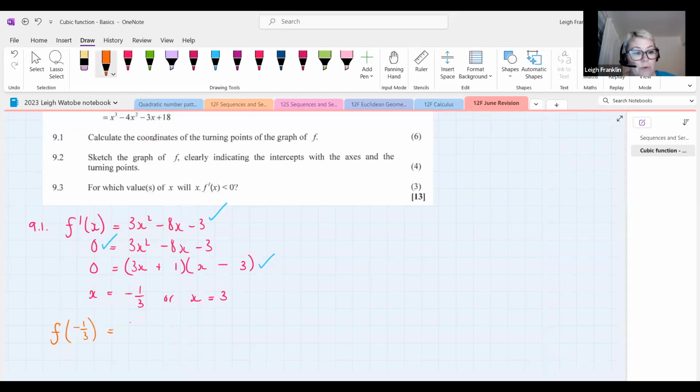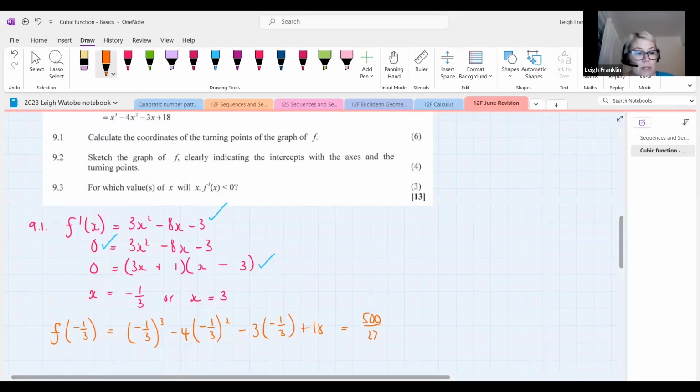Because you've got to sub into the original equation. So I also got 500 over 27. And when I subbed in f of 3, I also ended up with 0.